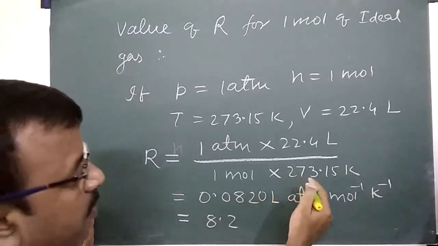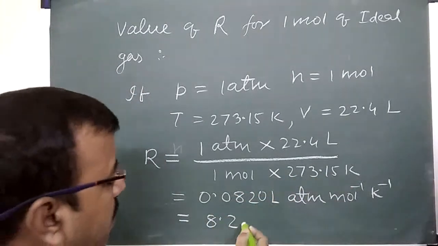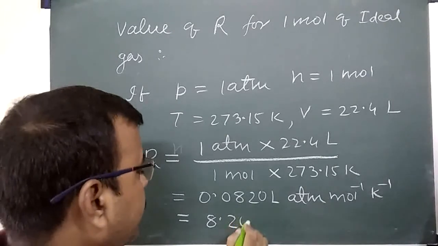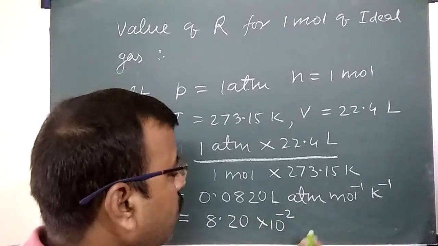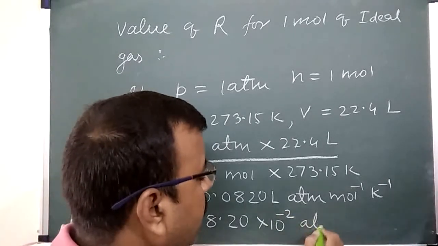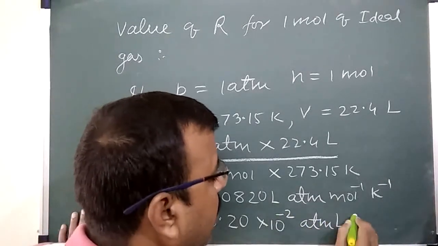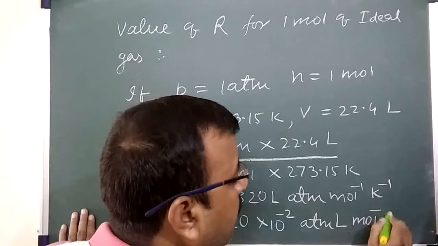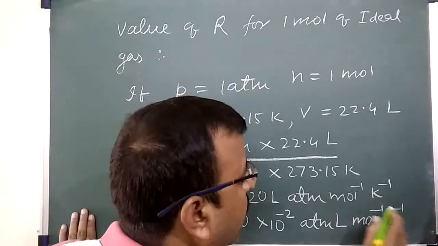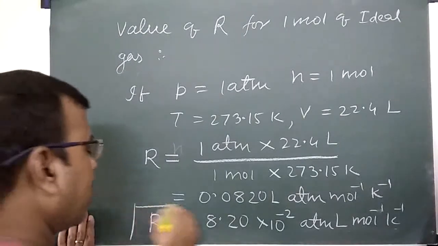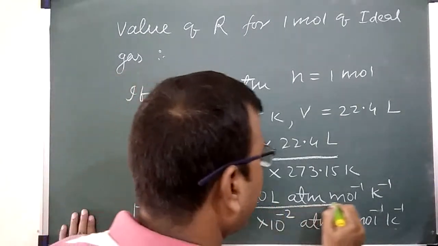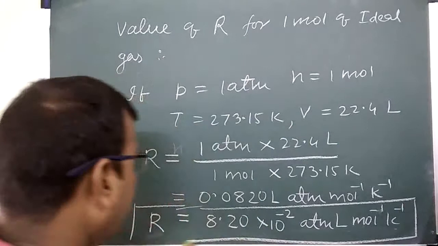But here we have used this value, so we will get 8.2 into 10 to the power minus 2 atmosphere liter per mole per Kelvin. This is another value of R that is also used during calculation.